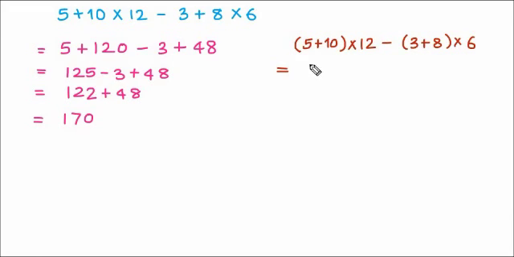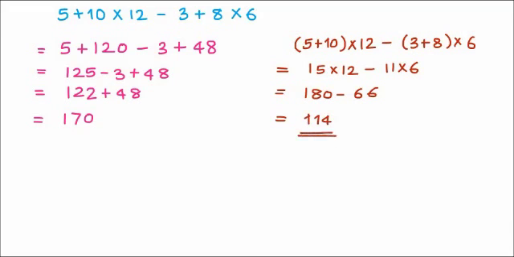So it becomes 15 into 12 minus 11 into 6. And now we have to use multiplication first. So 15 into 12 is 180, minus 11 into 6 is 66. And that gives the answer 114. And when I checked with Sharad and Sharda, they said yes, we have this many sketch pens.